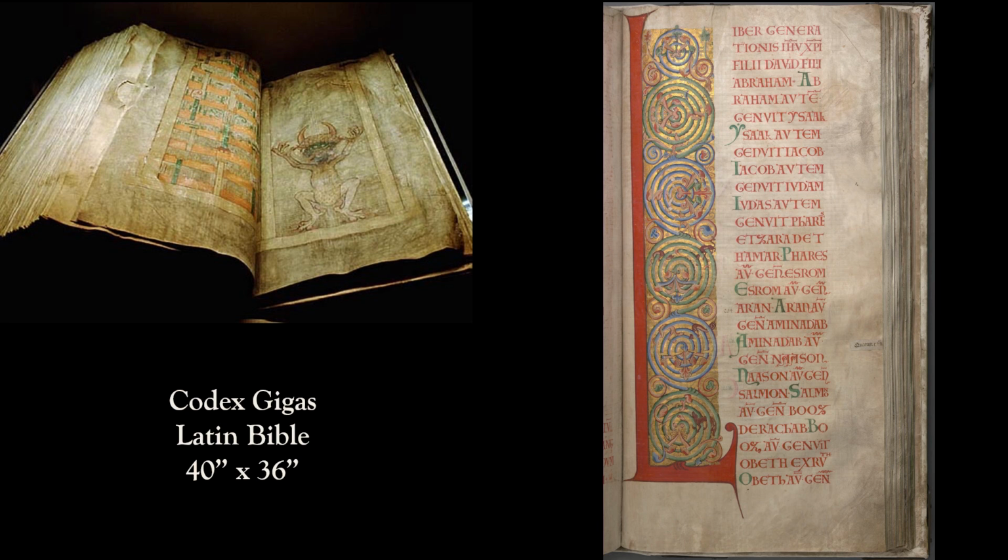I mean, our standard paper is 8.5 by 11, so that's how wide a piece of paper is. This is thicker than the width of a standard piece of paper, and it weighed 160 pounds. Hello. This is a serious Bible. It's an Old Latin Bible coming to us from the 13th century.